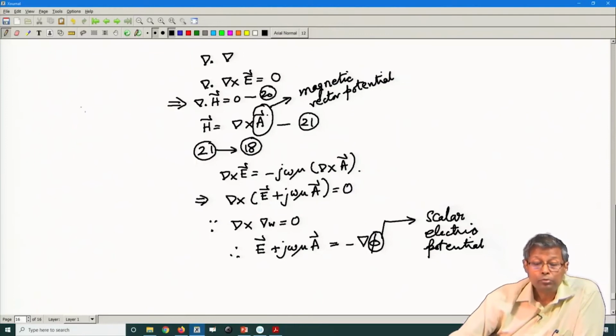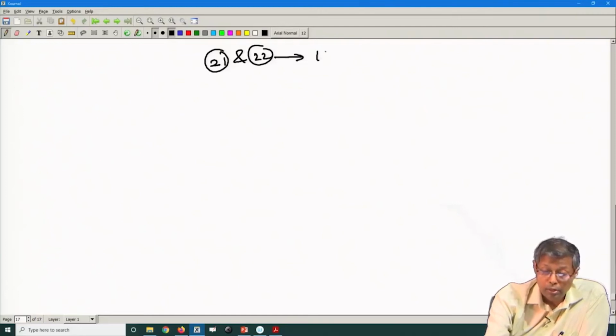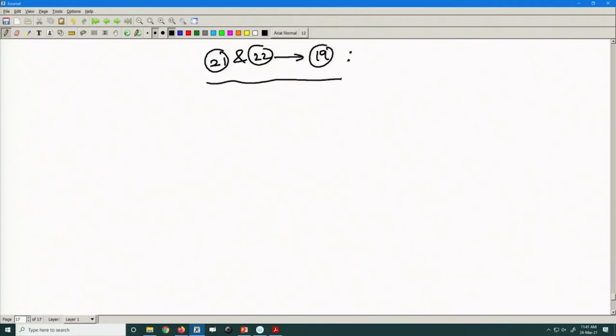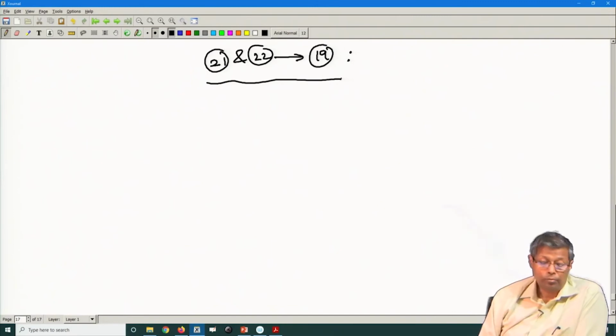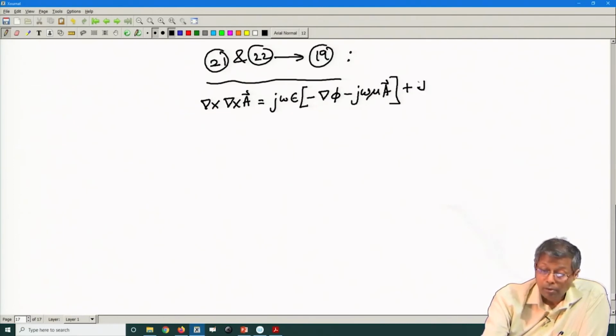Now, we substitute 21 and 22 into 19. And when we do that, we get curl of A equal to j omega epsilon minus grad phi minus j omega mu A plus j.